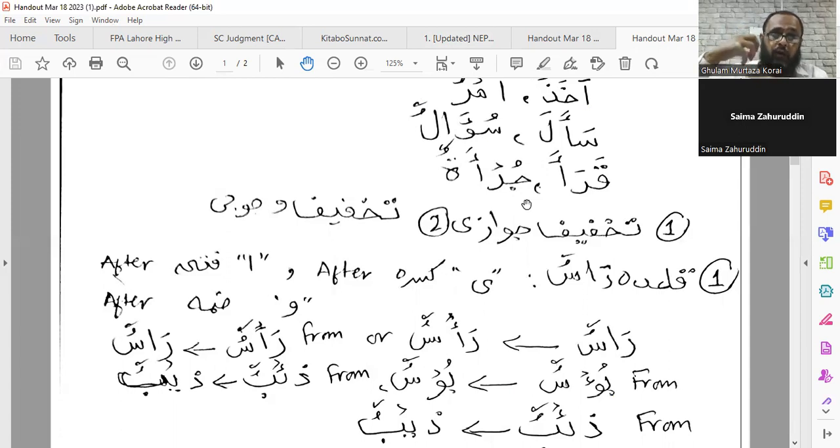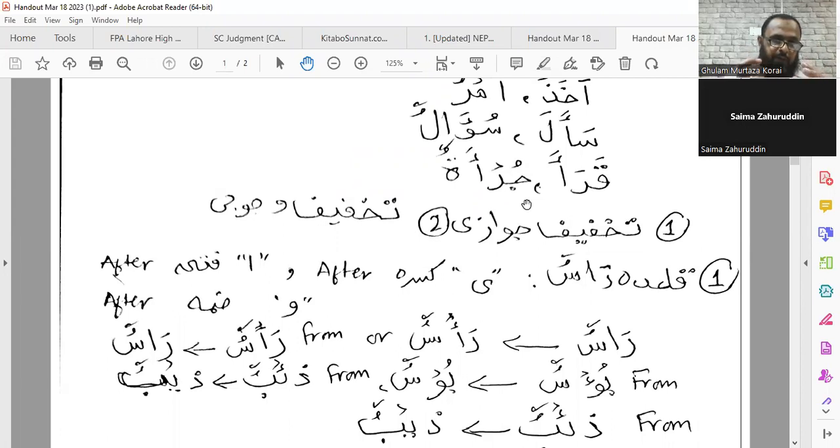Takhfif means halka karna, to make something lighter. It was heavy, to make it light, to drop something from the original one. So takhfif jawazi and takhfif wujubi.